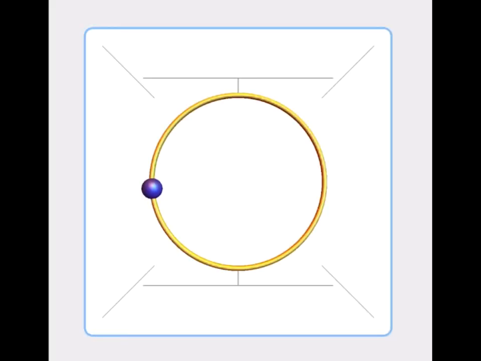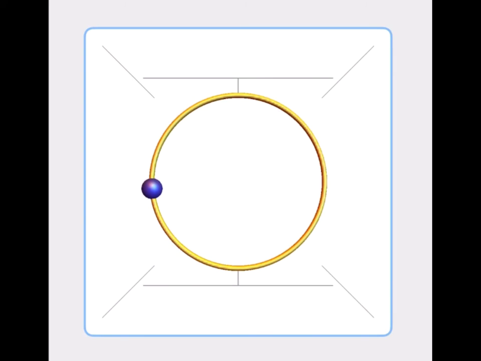So here is the animation. I have a ring and a particle on that ring, and if I don't have the ring spinning, the particle will just move backwards and forwards. It's basically simple harmonic motion. It's pendulum behaviour.